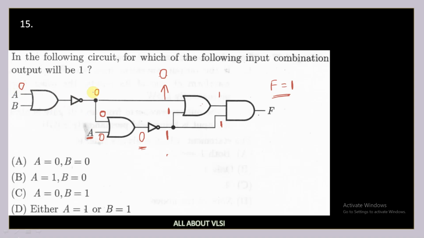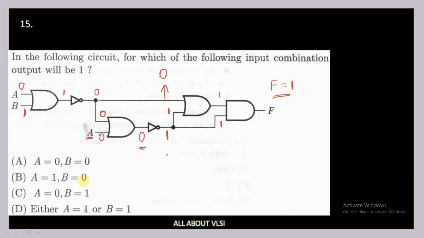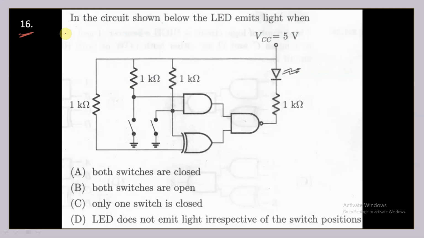Now the output of the NOT gate is 0, that means the input of the NOT gate is 1, then definitely B should be equal to 1. So A is equal to 0 and B is equal to 1. Please check this and let me know in the chat box if you are getting the same answer or different answers. Option D, A is equal to 0, B is equal to 1. Exactly. Is the analysis clear for everyone?